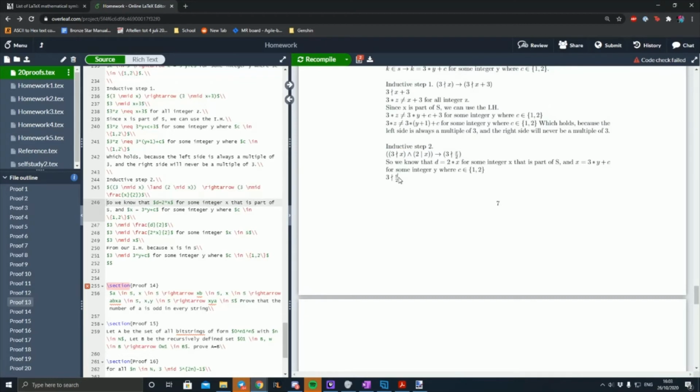We have D in S, and we should prove that x is in S as well. Because if 2 divides x, then x over 2 is in S as well. D equals 2 times x, not for some integer x that is part of S, but for some integer D that is part of S. And we should prove that x is part of S.